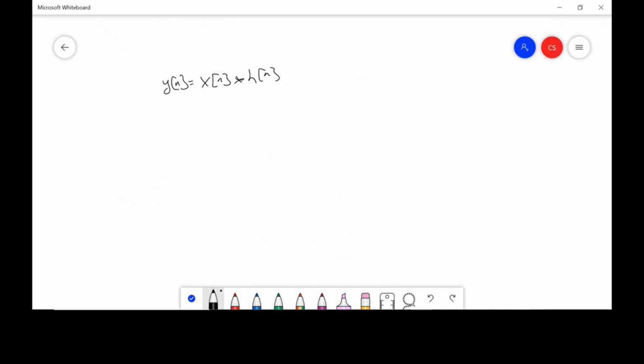And we have two definitions for this. One is keeping the x fixed, and then it is h that is moving. The other one is the opposite.